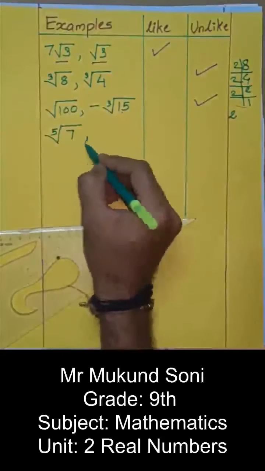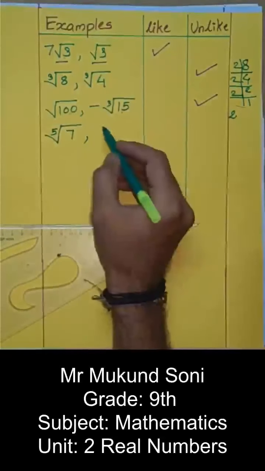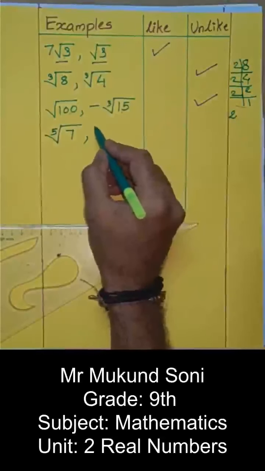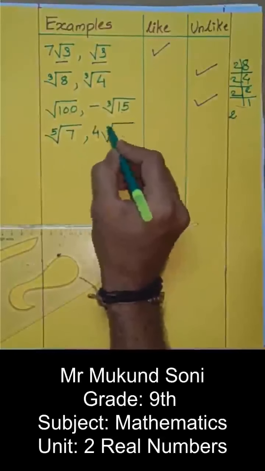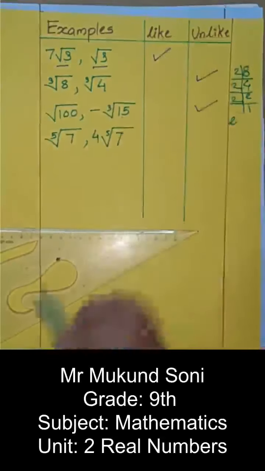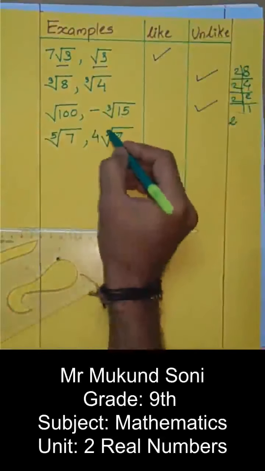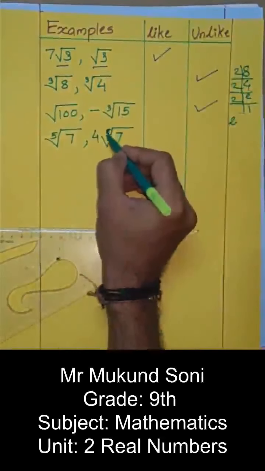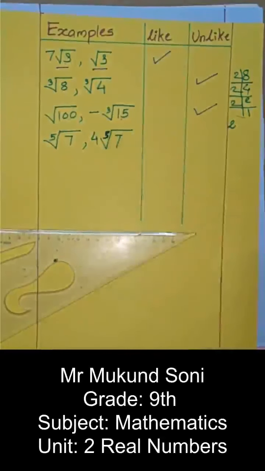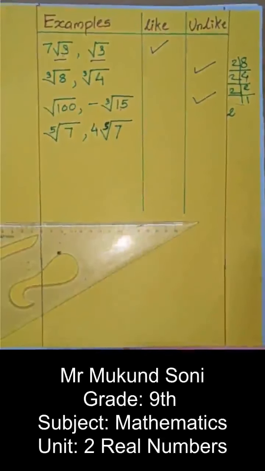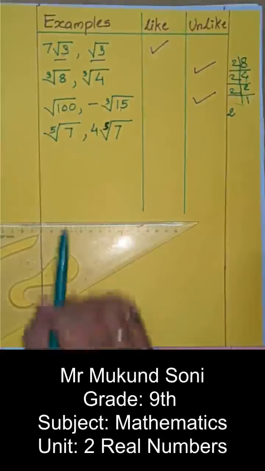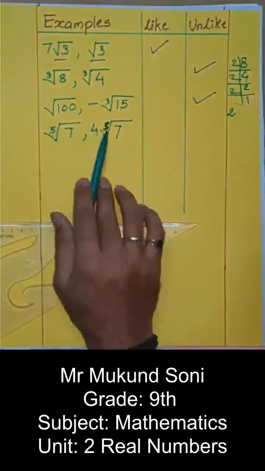Fifth root of 7, comma, 4 times fifth root of 7. Now in both of these examples, what is going on is that their radicand and the order both are the same.